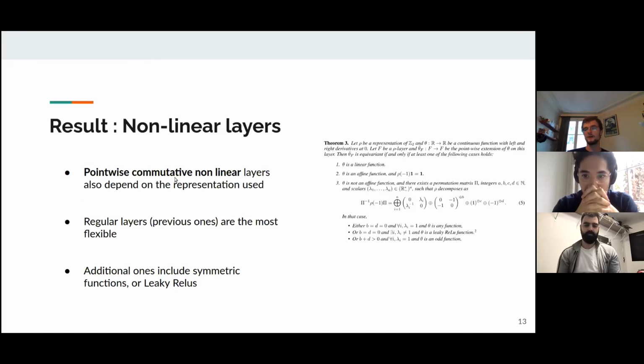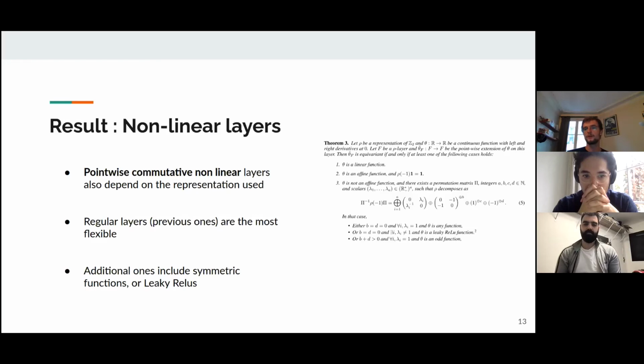And a side result of this theorem is that it shows that the regular layers are the most flexible. They are the ones that were previously implemented, kind of accidentally, as particular cases of this theory. I mentioned earlier that other equivariant networks were handcrafted, and in this framework they basically relied on regular layers, which are the ones that blend most easily with nonlinearities.